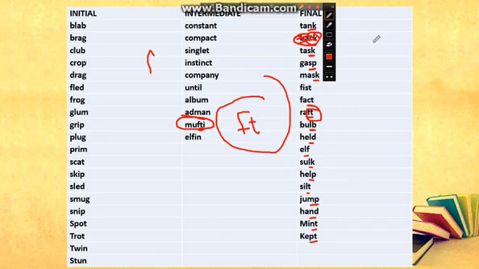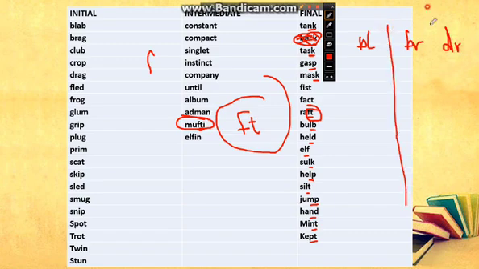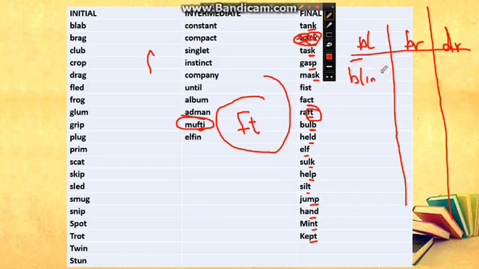So a topic can be blends, but your blend can be blend bl, blend br, and blend dr. So now in your class, you can just have a table and then you give examples of blend bl: blink, blast, then we have blog. So you can have examples like 5 or 6, as many as you can.